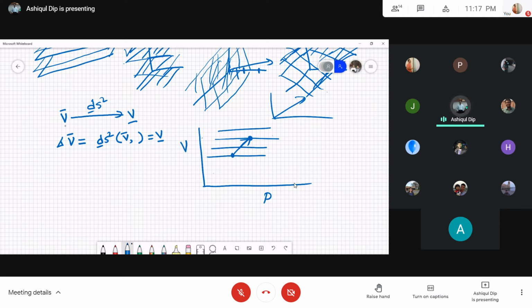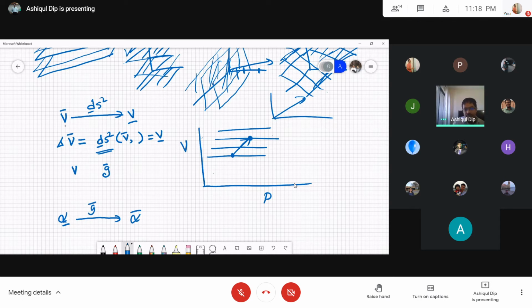So to convert your vector to a corresponding one form, you must have this ds squared. We'll see later that if you have a ds squared defined, we'll have the corresponding inverse metric tensor defined, that is G. And what G does is change a one form into a vector. Let's call it one form alpha. You convert it into a vector, and that is done by G upper bar.